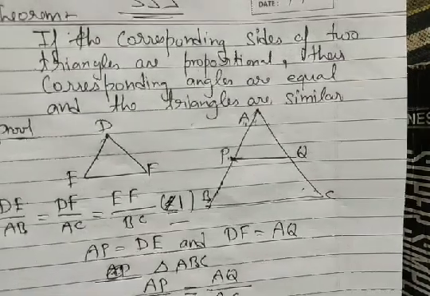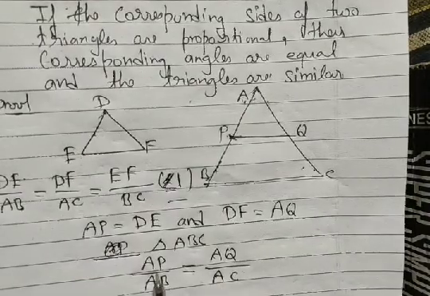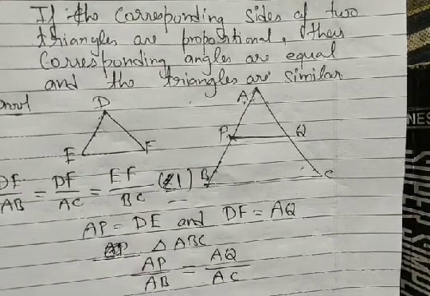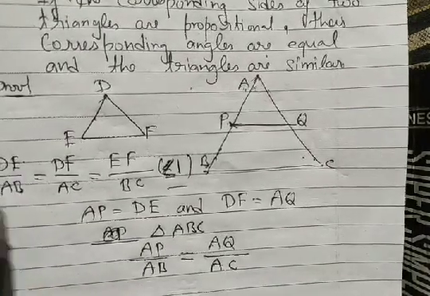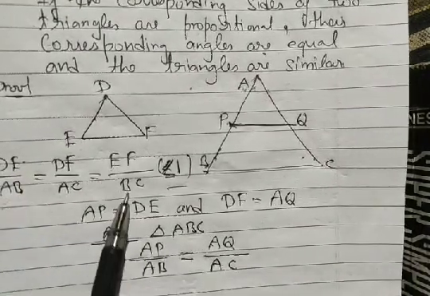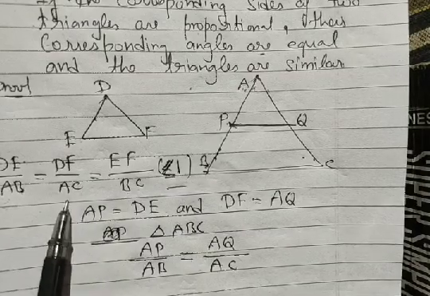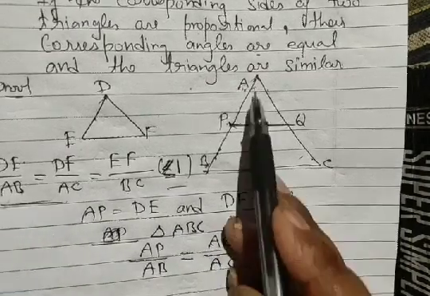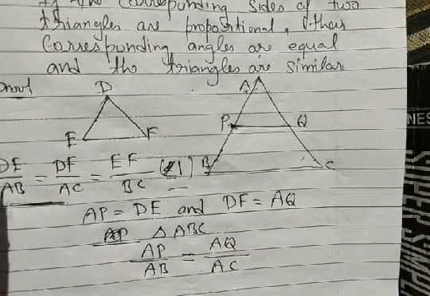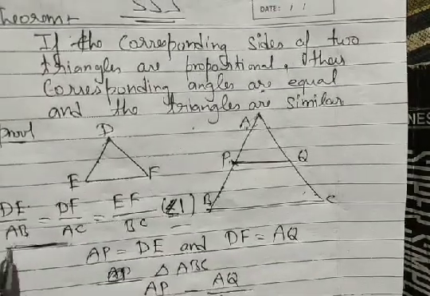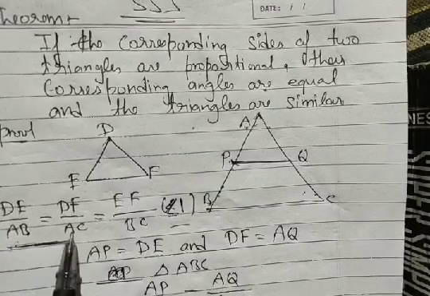We are just using this concept in triangle ABC. We have DE is to AB equal to DF by AC.